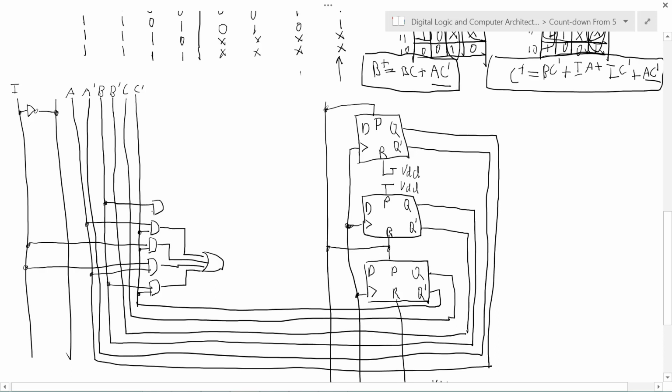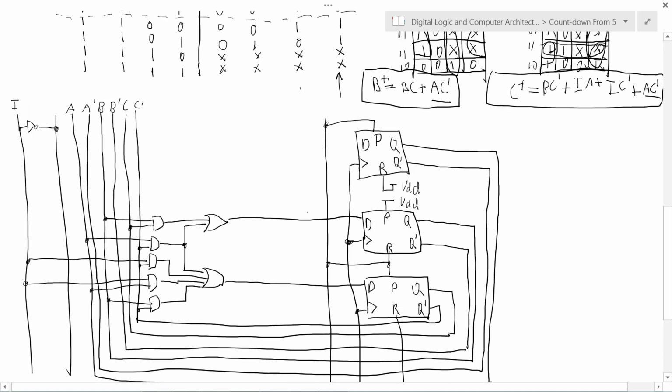B ANDed with C. And then we can OR this together with A C prime. And we have saved one logic gate. Let's connect B plus and C plus together.